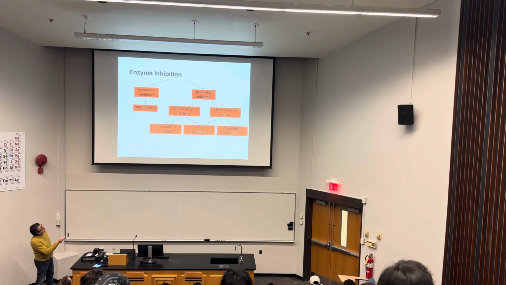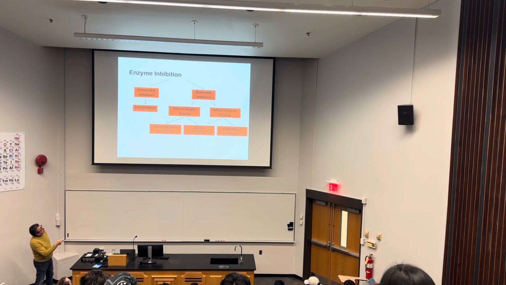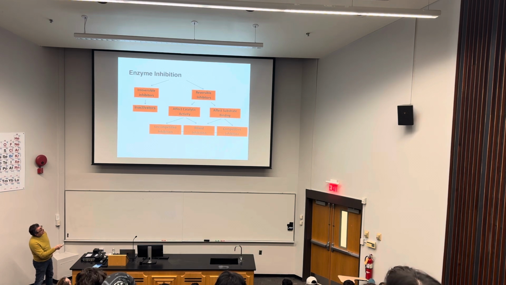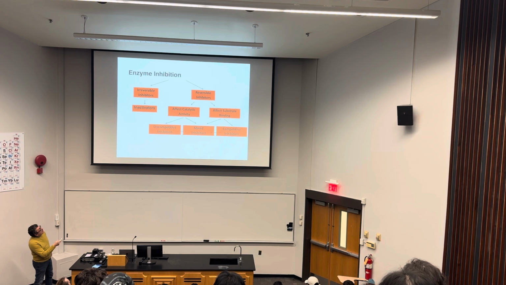So, of the reversible inhibition, there is that one that affects the catalytic activity, and those that affect substrate binding. The one in the case of ibuprofen is a competitive inhibition. The one that affects the catalytic activity is the uncompetitive inhibition.